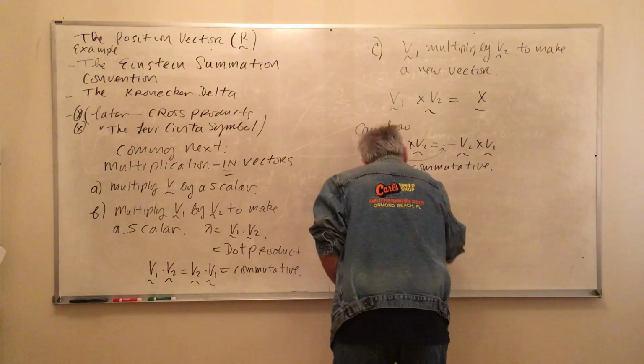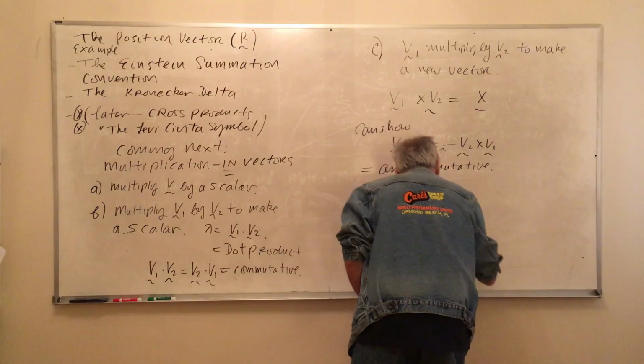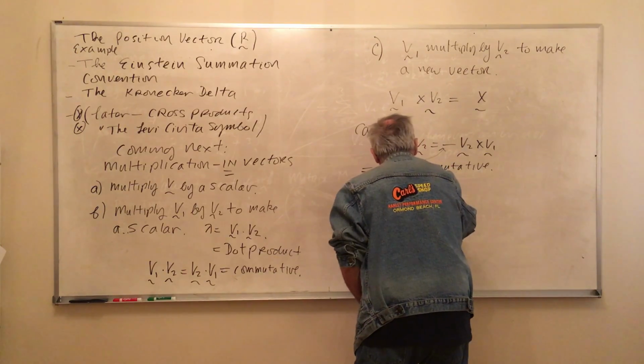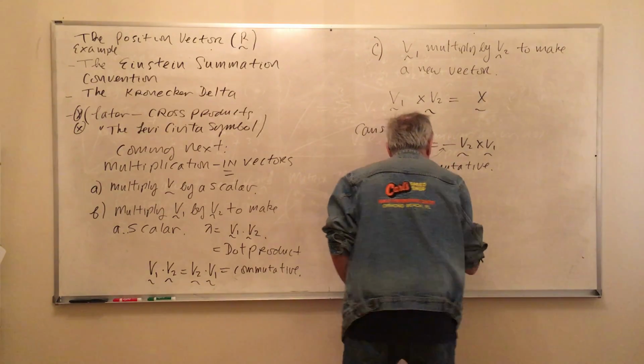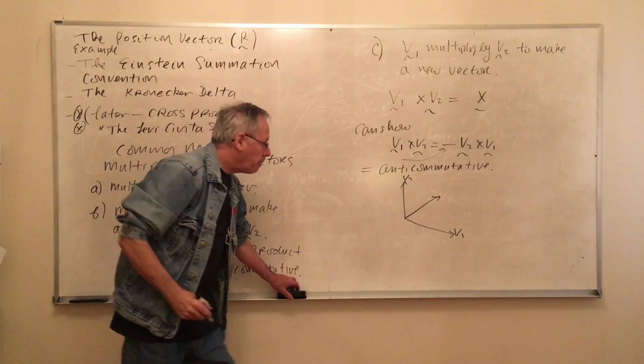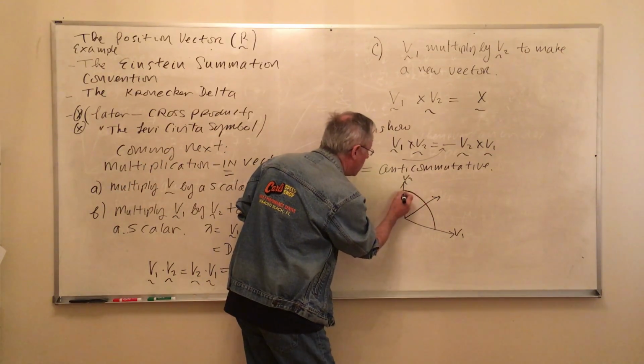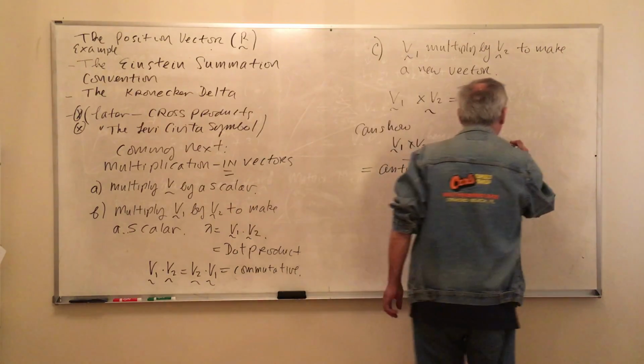And what did they look like? v1 times v2 crossed in with each other is called the cross product.